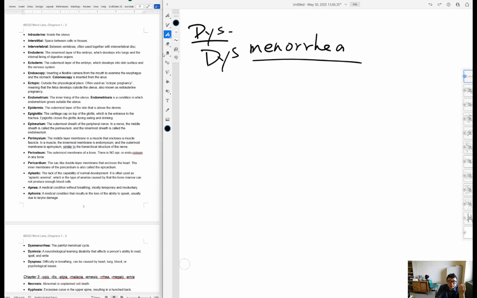Menorrhea means the blood that is shed during the menstrual cycle, and dysmenorrhea means painful cramping. In most cases it's triggered by stronger than normal contraction of the uterus, which generates this pain.